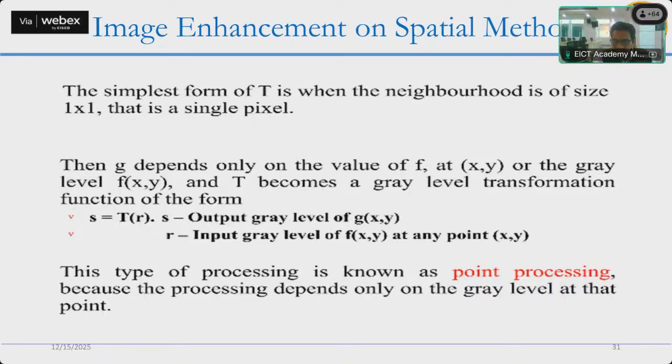Anju is asking, is g the two-dimensional function that gives the intensity value? Let me complete it. Yes, basically.